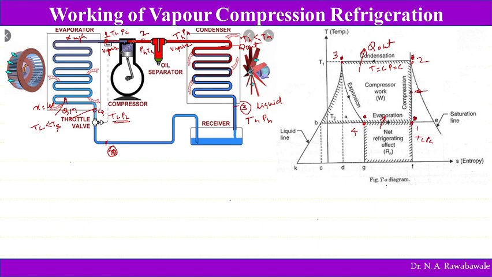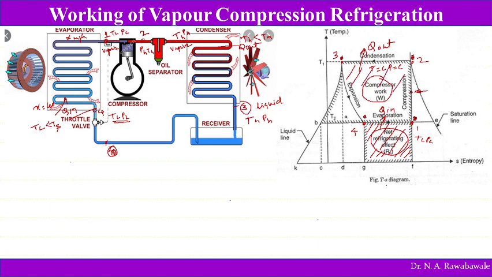When it enters into the compressor, again work is done. So here Q in, heat is absorbed. That Q in is nothing but the net refrigerating effect produced. That is nothing but the amount of heat taken from this cold space, which is given on the TS diagram by this area. So this area represents the amount of heat taken by the refrigerant, which we call the refrigerating effect, and the work done by the compressor is given by this area.